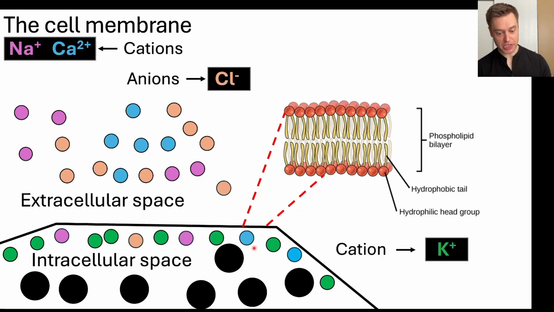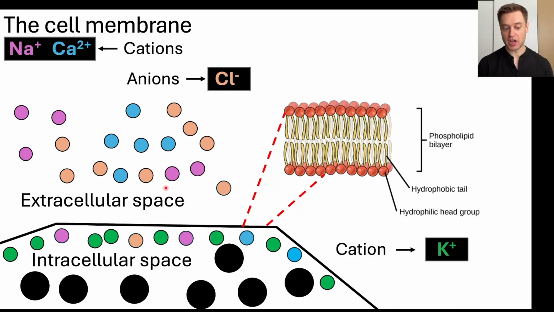In the intracellular space, we have a different ionic concentration than the outside of the space. And these ions can't just flow across the membrane without some method of transportation. So they can't just go through this phospholipid bilayer. Since the ions can't just flow wherever they want to go, and we're going to talk about molecular or ionic movements later on, basically that causes what's called a separation of charge.